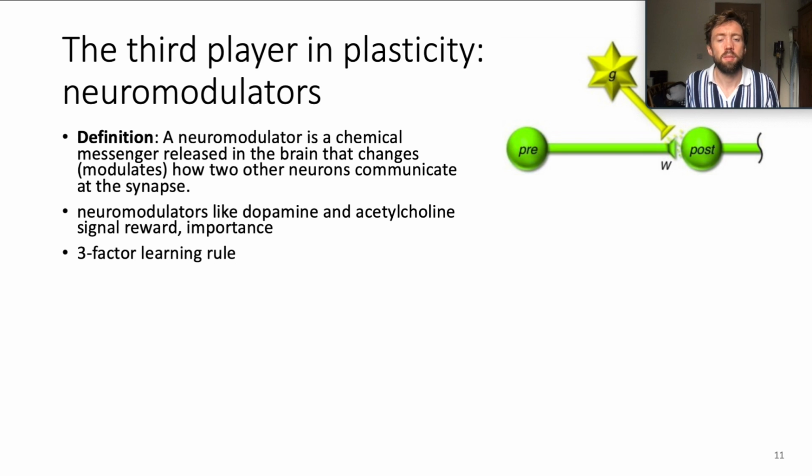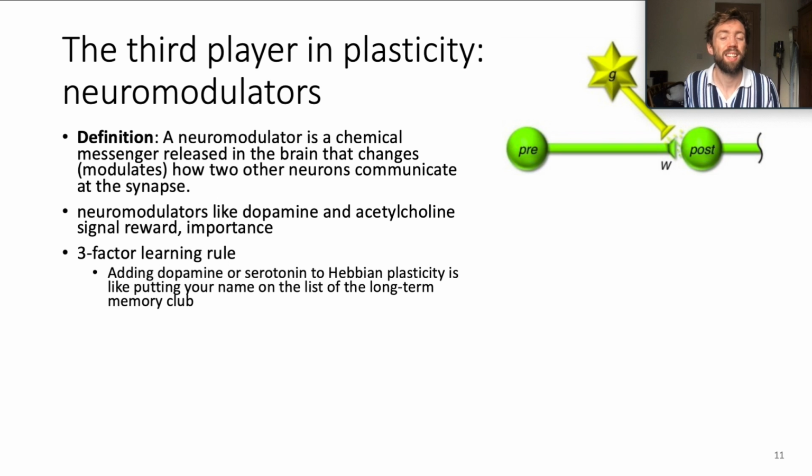And they form the basis of a three-factor learning rule, which basically says that by adding dopamine or acetylcholine or serotonin to Hebbian plasticity, you can essentially mark that as a potential important thing to encode in long-term memory. It's a little bit like putting your name on the list of the long-term memory club, which should increase your chances of getting in.